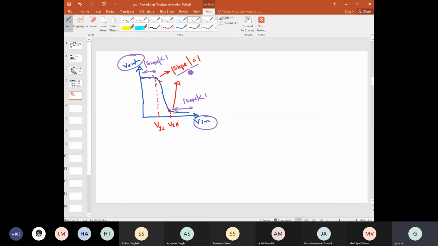We specified them with a slope of -1, not any other slope, because in this region, if some noise is there, the gain is very high, so that noise will also get amplified.